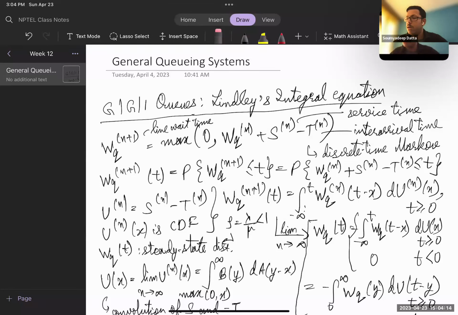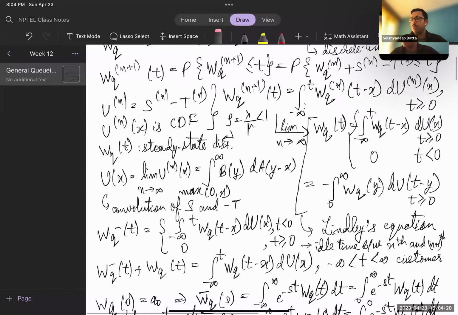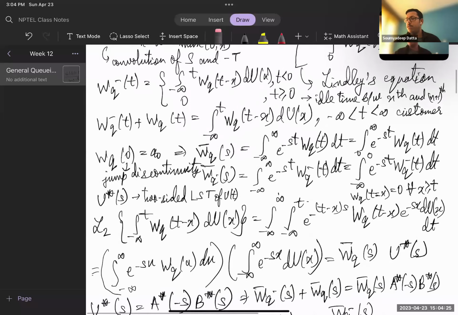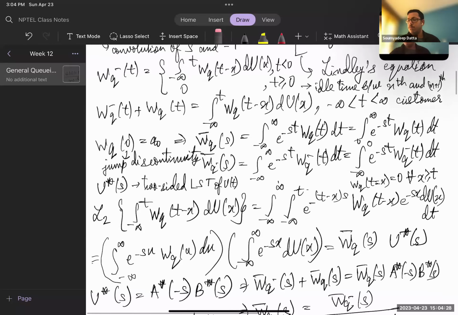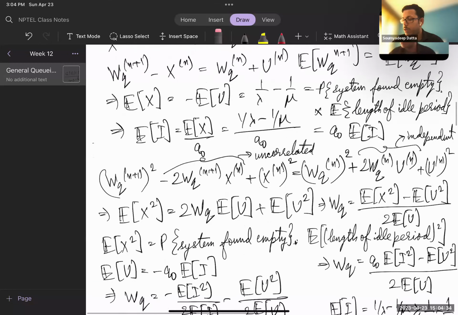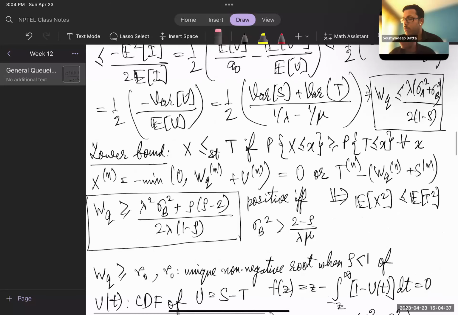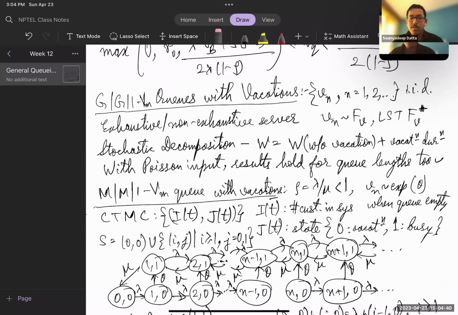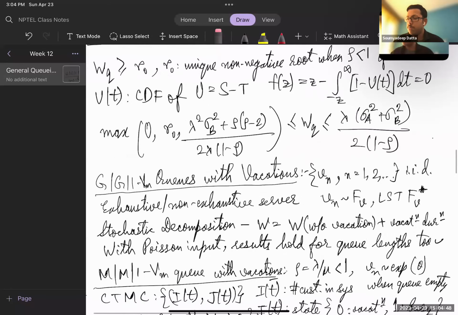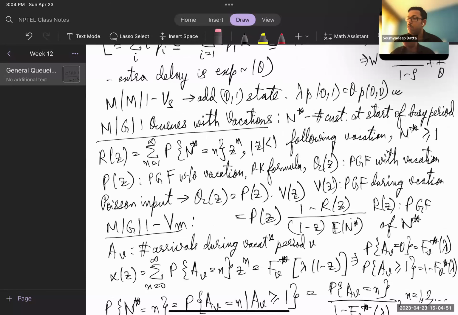It's all very general, but using some approximations and some bounds, we do have some idea of what their performances can be. And then we also have the topic of queues with vacations. So GG1 queues with vacations, and MM1 queues with vacations, and MG1 queues with vacations in general. So that's another topic.